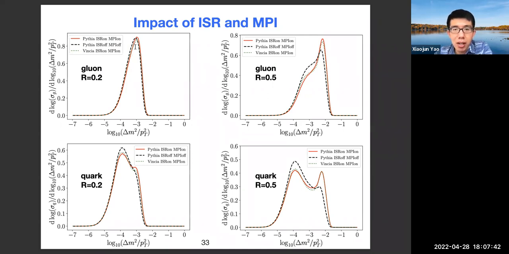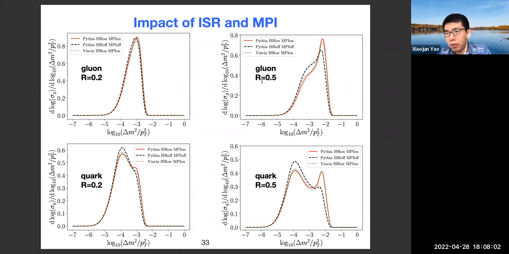In this case, you see that the black dashed line and the red curve are similar to each other. They're almost the same in this region and also in this region. This just shows that the soft contamination is minimized by using a smaller jet radius.